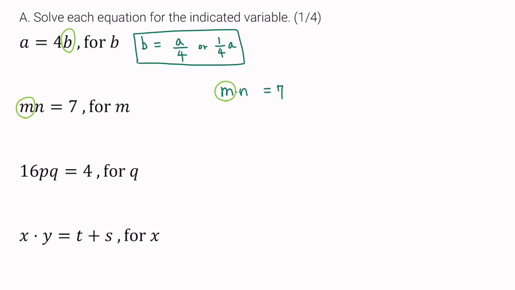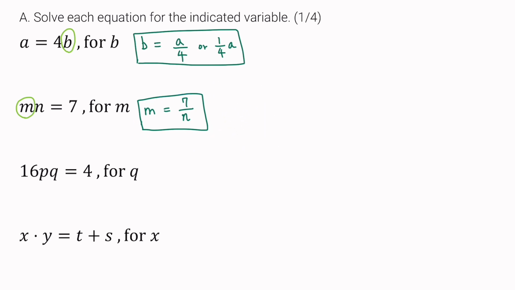Same as before, I need to isolate the variable m, so I need to lose this n, and I can do this by dividing both sides of the equation by n. That way I can eliminate that n and end up with m is equal to 7 over n. And that is going to be our answer for that second question right there.